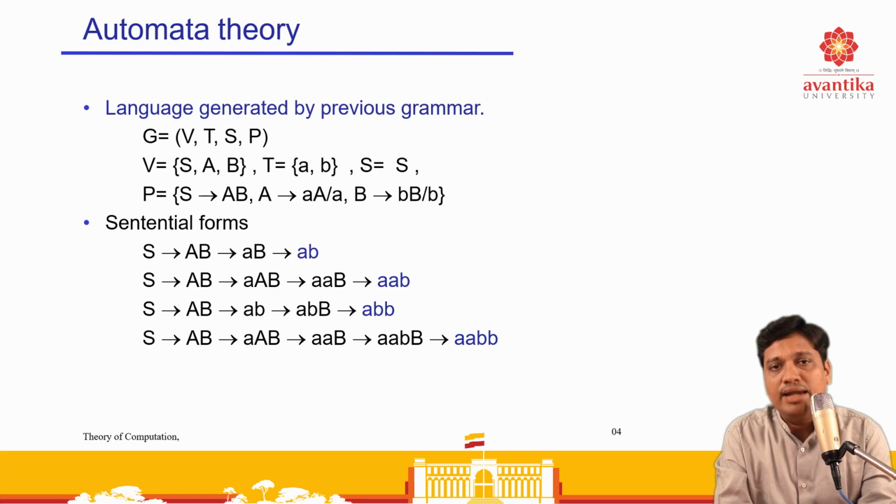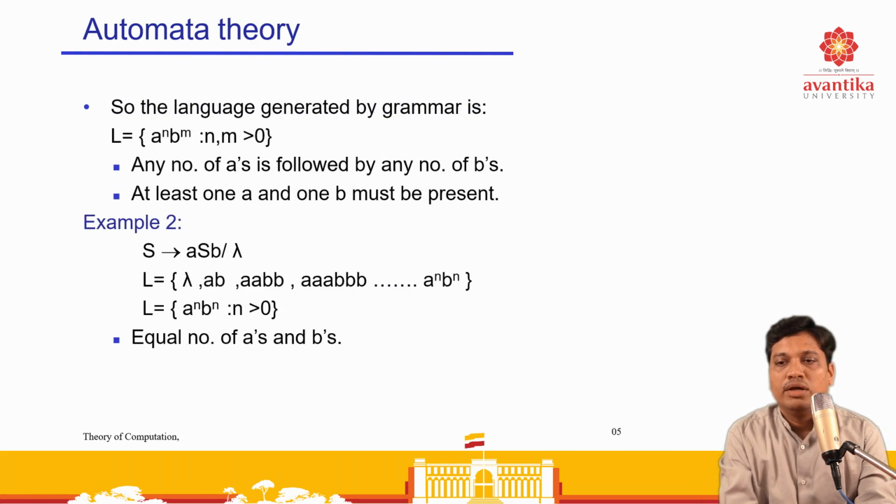Now the second A is converted into small a, and the sentential form is aaB. In the third stage, we convert capital B into small b. So overall the given grammar is converted into a string, and we obtain the result aabb. That is the language generated by a grammar.